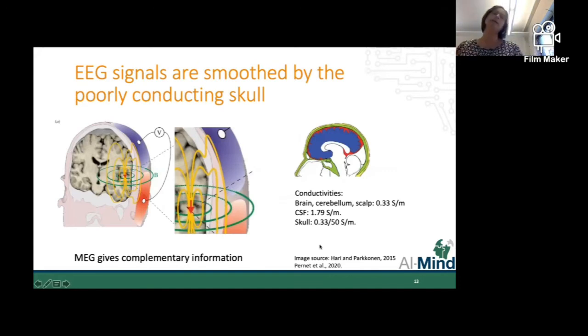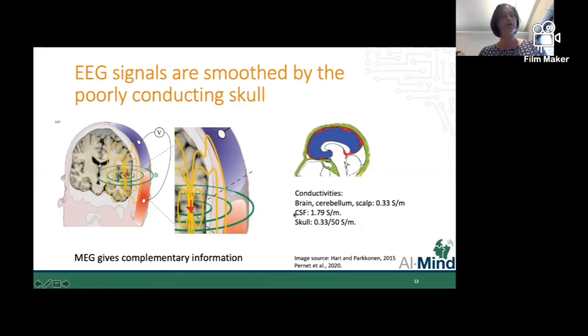Okay, so what about EEG? I already said earlier that EEG has a lower spatial resolution than MEG. And why is that? Well, in EEG, the problem is that the signal is distorted, smoothed, low-pass filtered by the poorly conducting skull. We know that the conductivity of soft tissue, brain, cerebellum, scalp, is much higher than that of a skull.